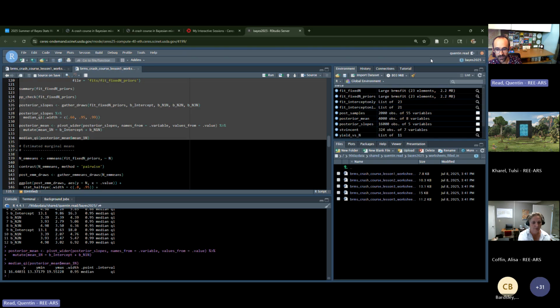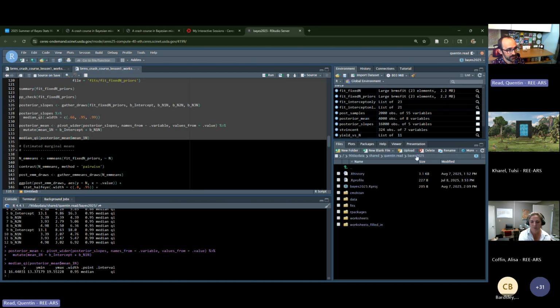Yes, that's right. Oh, yeah, that was what I was going to suggest next, Alina, was to just manually set the path if it hasn't been set. Let me just go ahead and show that while we're waiting. The code to set the path is, if you go back to the main Bayes 2025 folder, there is a, yes, Elisa, that's what I would just go ahead and do.